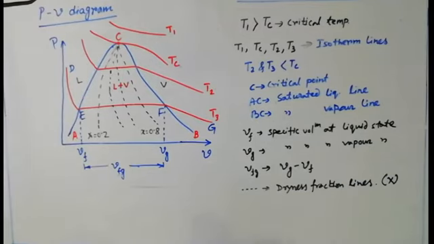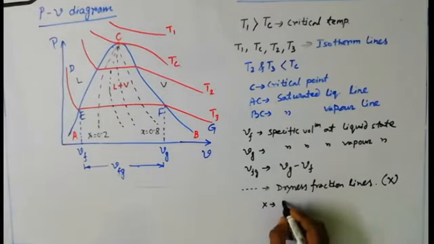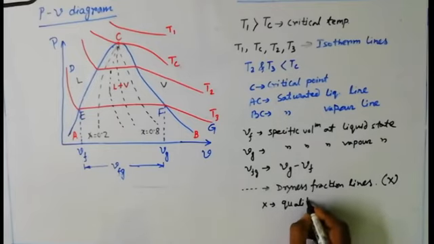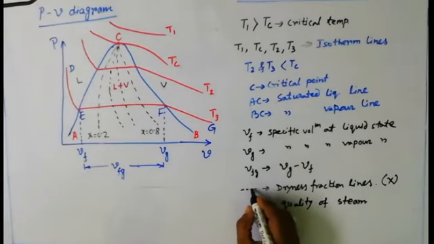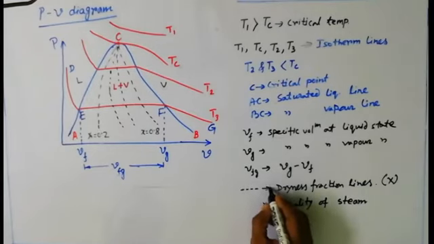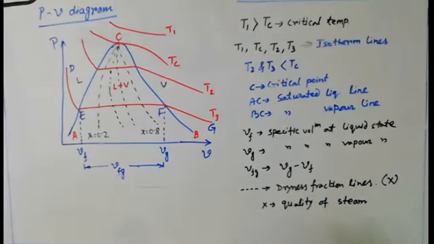Dryness fraction is nothing but the quality of steam. It is a very important parameter and it will be needed to solve very many numericals. Quality of steam: how good or bad the steam is can be determined with the help of this dryness fraction. Okay, I will clarify dryness fraction afterwards. First, understand this curve very clearly.